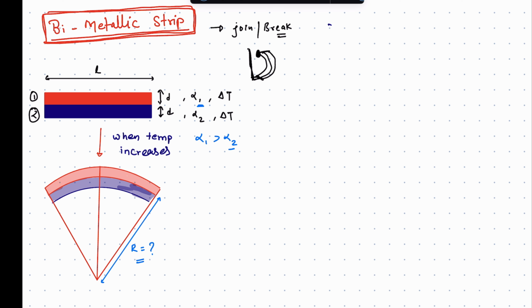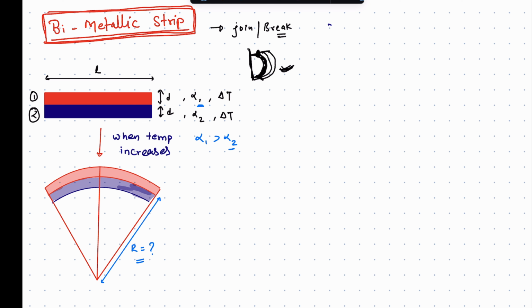Right now it is disconnected. When I increase the temperature, the radius is going to decrease, and because of that it is going to attach like this. The length will expand and then it will attach like this, so then the circuit will start working. It can also be used for the breaking of a circuit.